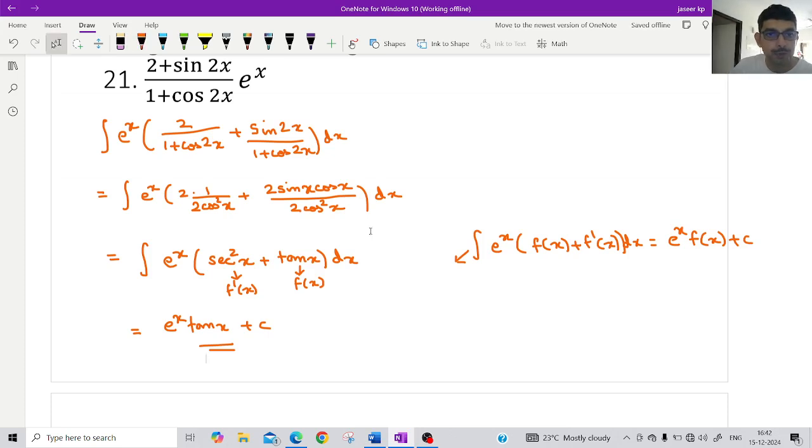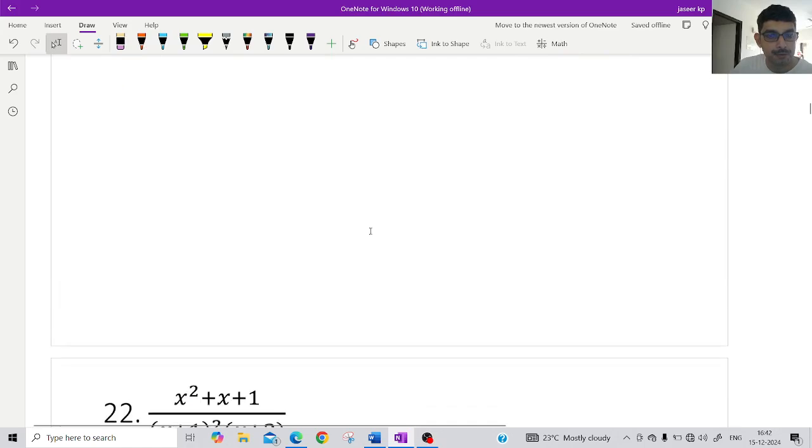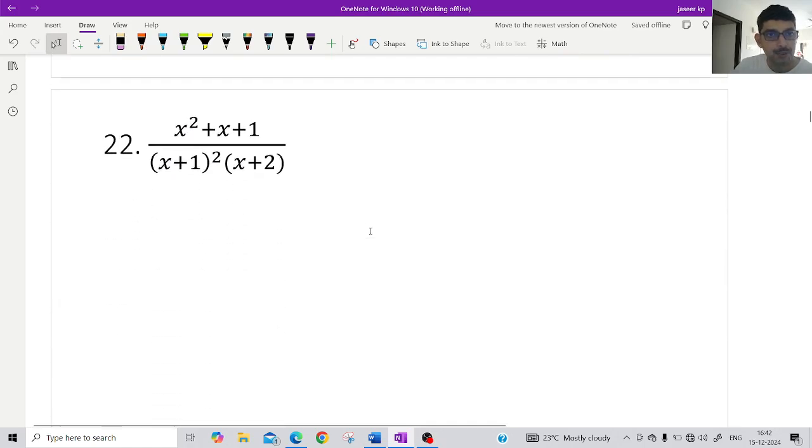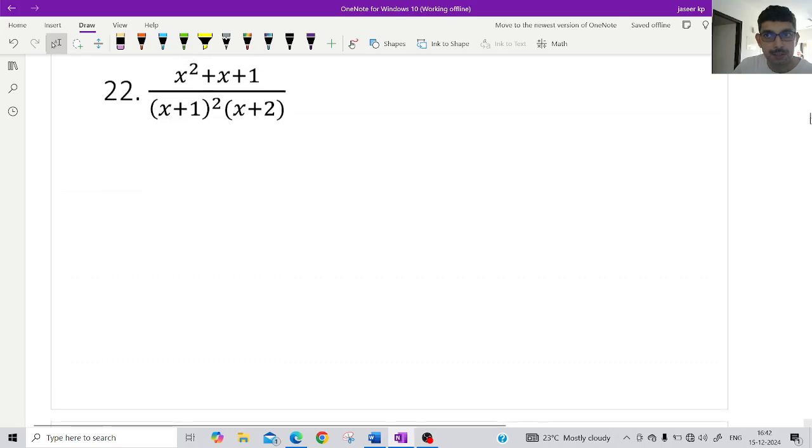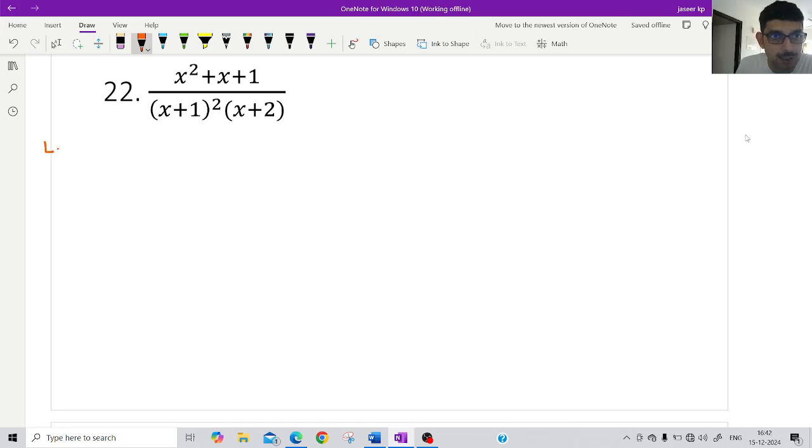Now we'll be moving to the 22nd problem: (x square plus x plus 1) divided by (x plus 1) whole square into (x plus 2). As you can see, this is a proper rational function, so let us use partial fractions.